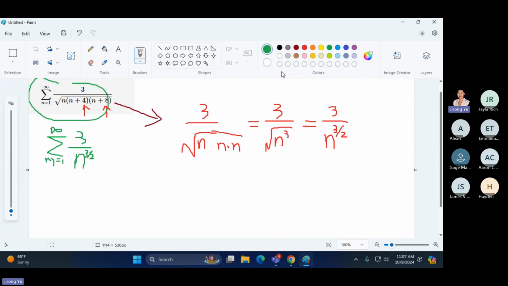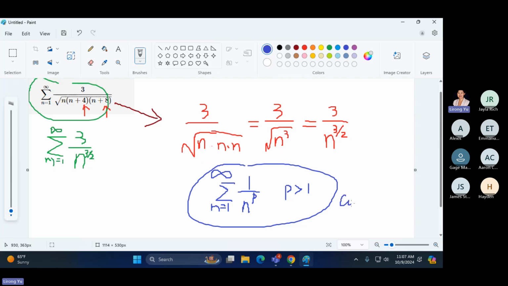According to our idea on p theory, if you get a summation of a number, it could be just 1 over n to the power p, now p has to be bigger than 1, then n goes from 1 or anything higher than 1 to infinity, this we know for sure would converge. That's what we call the p theory. If p is less than 1, it will diverge.